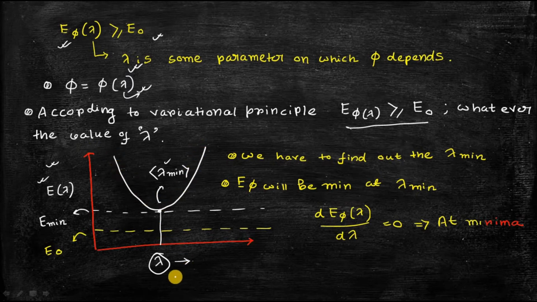By changing lambda, the energy of the trial wave function also changes, and we get this type of parabolic curve.